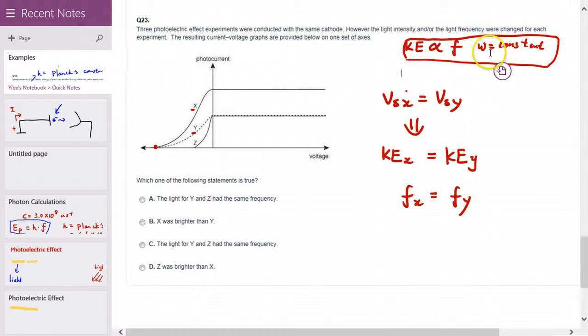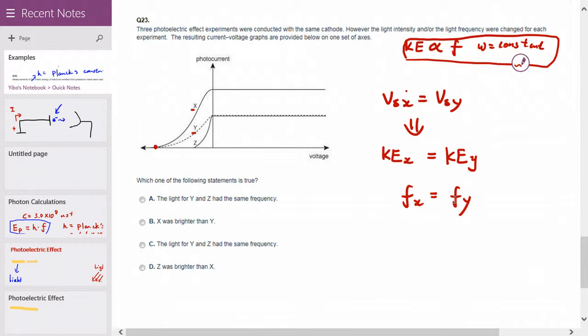what I mean by the work function is constant is that I'm using the same metal. Then the maximum kinetic energy has to be proportional to the frequency. So in this case, they have the same stopping voltage, they have the same kinetic energy, so the frequency must be the same.